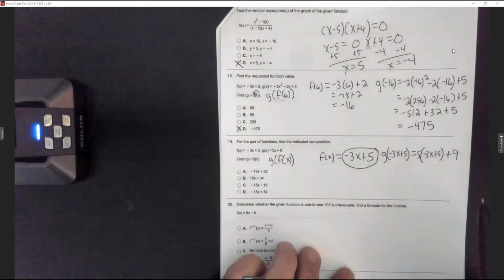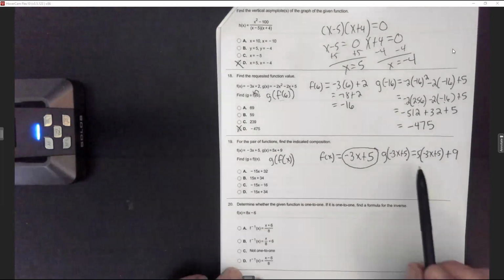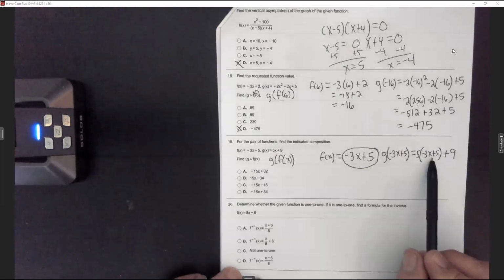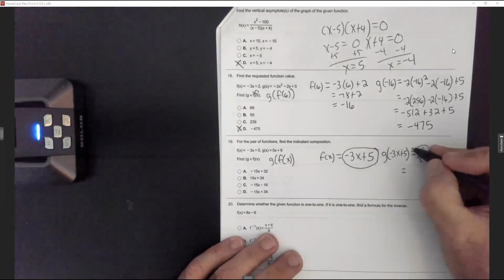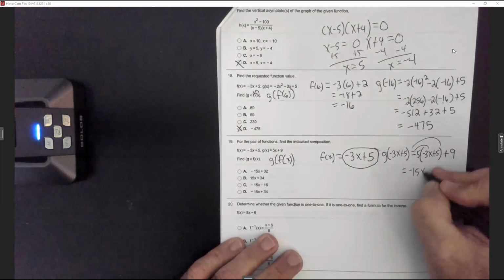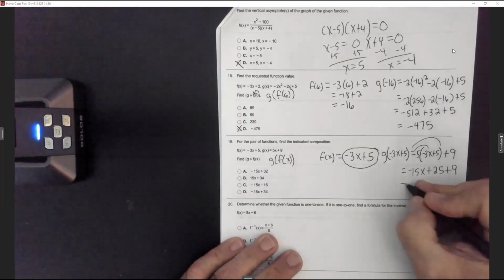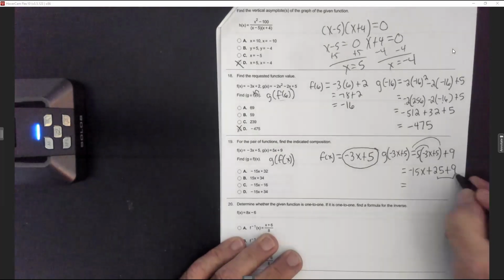So notice 5x plus 9, it still looks like a g, but it's got the f for its x. All right, distribute the 5, I get a negative 15x plus 25 plus my 9. Only thing we can do is add those numbers.